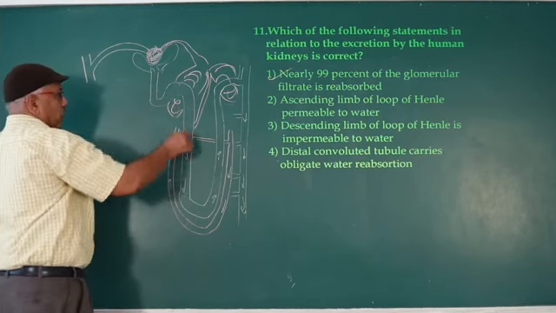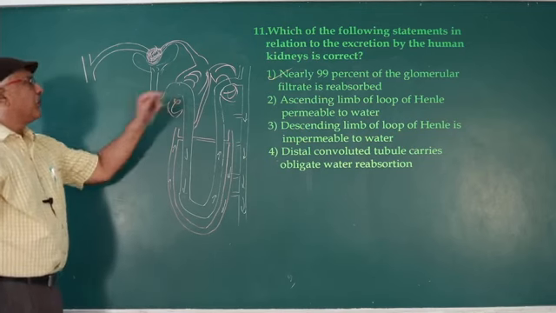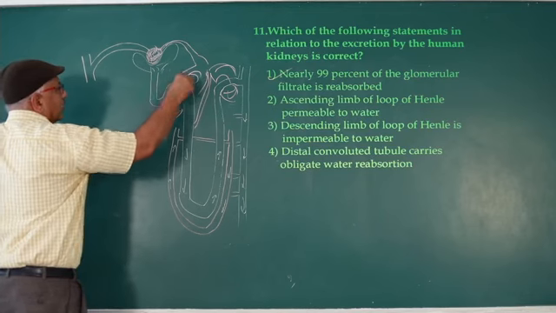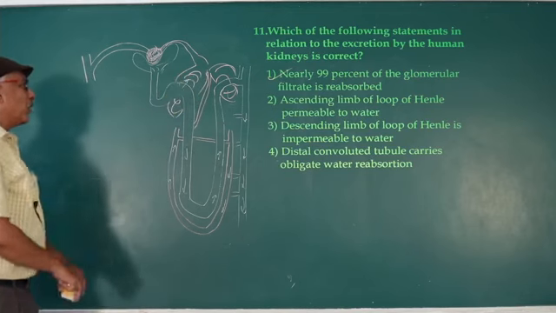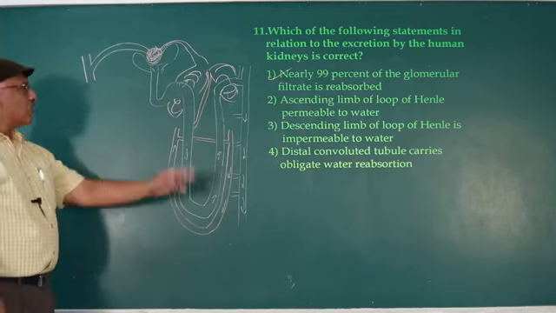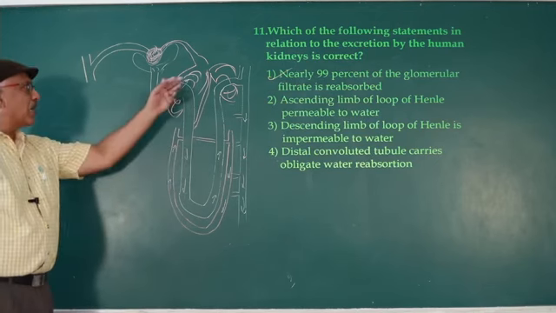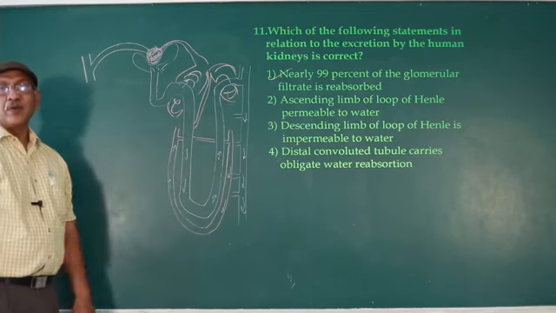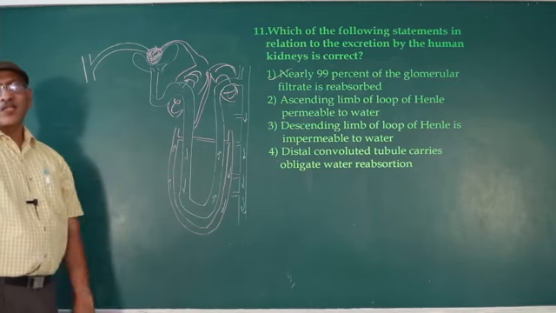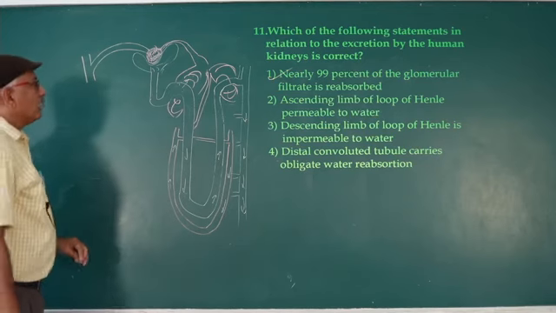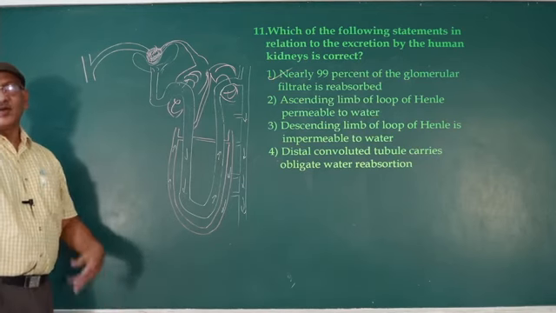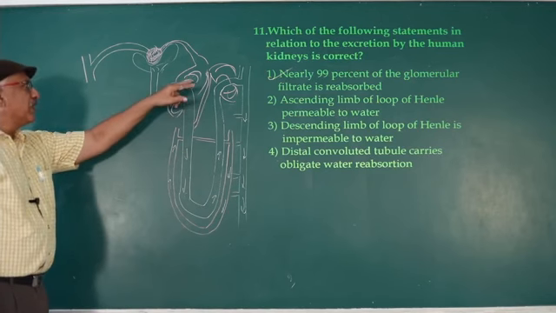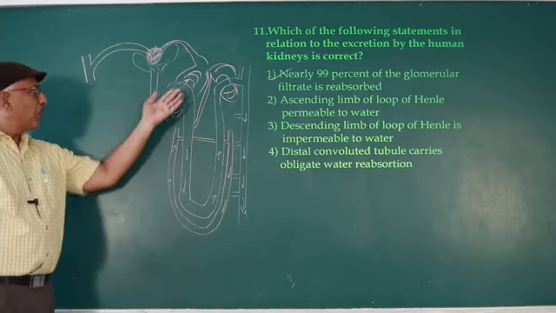While primary urine is passing through the PCT, proximal convoluted tubule, 70 to 80% of the electrolyte sodium is reabsorbed by active transport, chloride ions by passive transport to maintain electrical neutrality, and 70 to 80% of water is reabsorbed by osmosis. All essential substances, glucose, amino acids, fats, completely from the lumina of the PCT enter into the peritubular network.